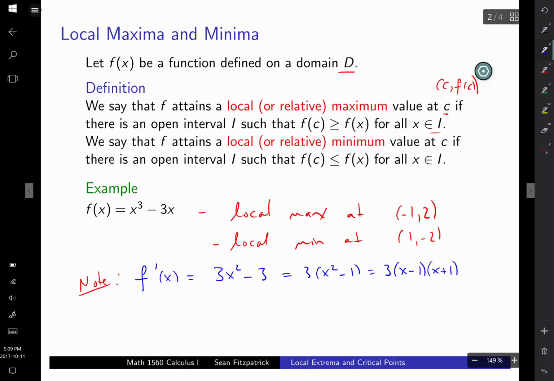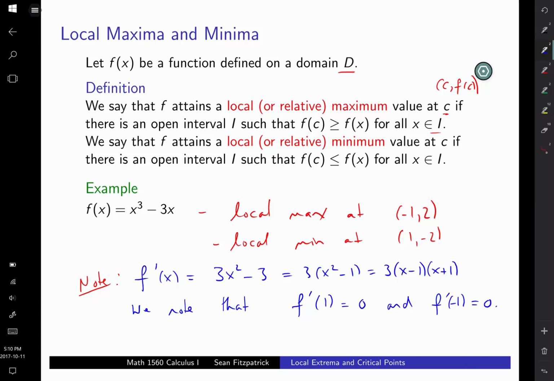And so notice that f prime of 1 is 0, and so is f prime of minus 1. So these points where our local max and our local min occur are exactly the places where the derivative happens to be 0.